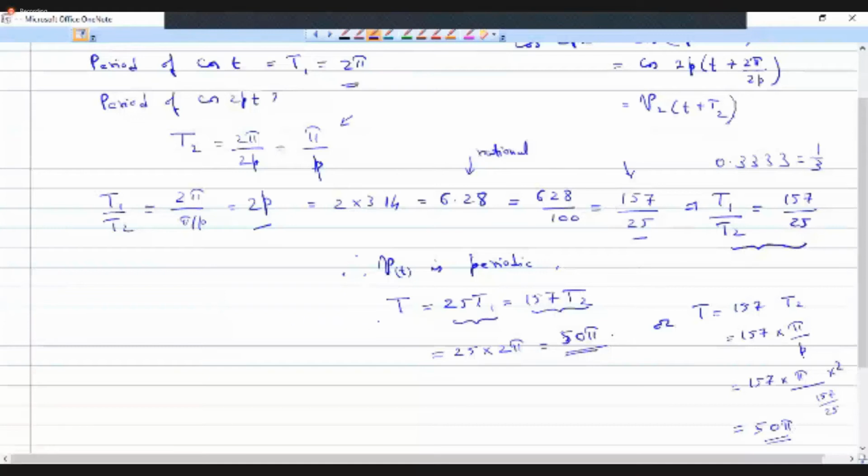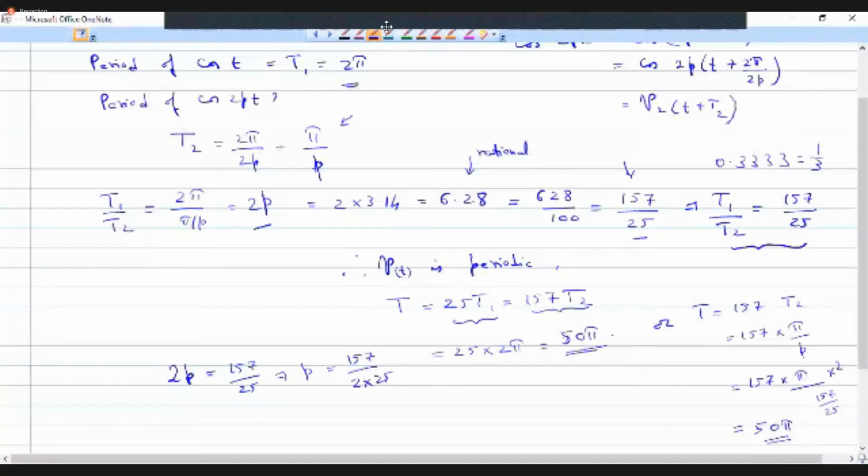So here we have written 2p is equal to 157 divided by 25. So what is p? T is equal to 157 divided by 2 into 25, right? Yes, sir. You just see here. I will use a different color if you want.